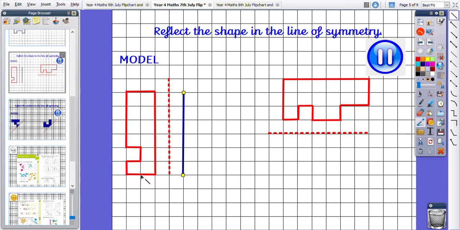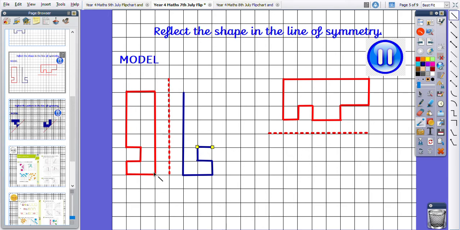Then I'm going to travel 2 squares away from my line of symmetry, from my mirror line, and 1 up. Then I need to move one square towards the mirror line and another square up, and then I'm moving one square away again.